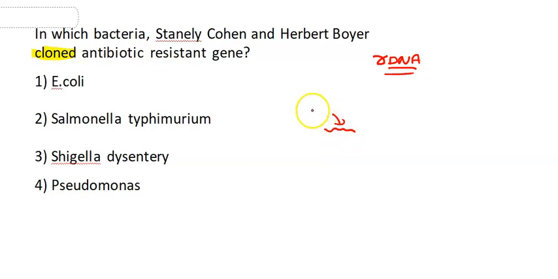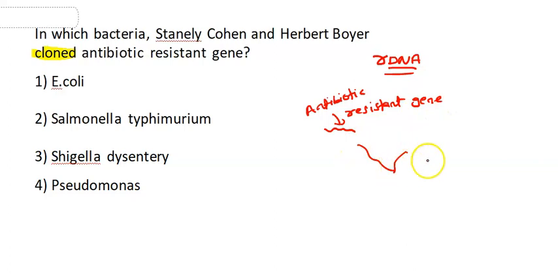Let me write it here. And also we will take one plasmid. I will write in another ink. This is a plasmid and this is an antibiotic resistant gene. I took a small piece of antibiotic resistant gene.